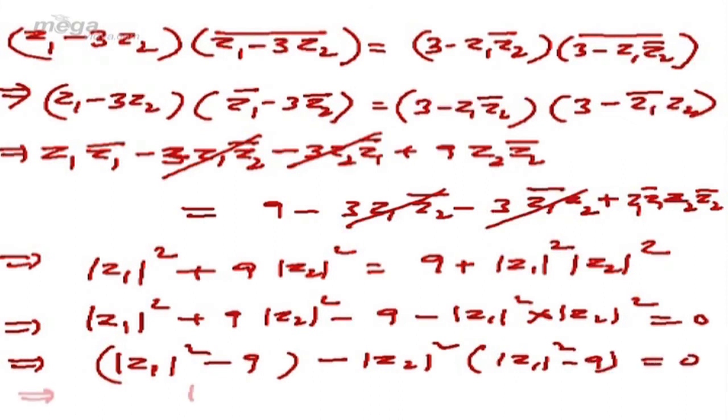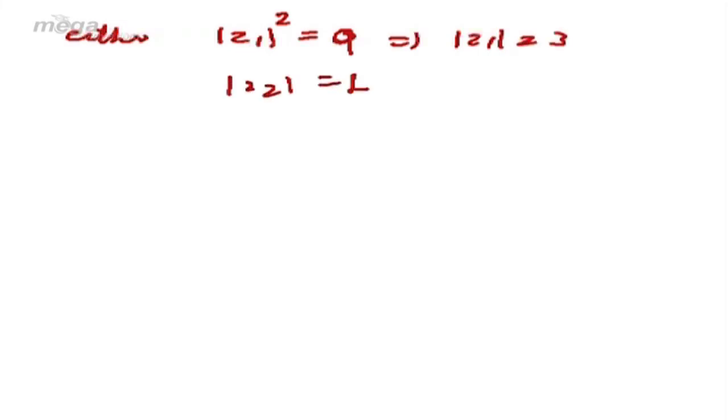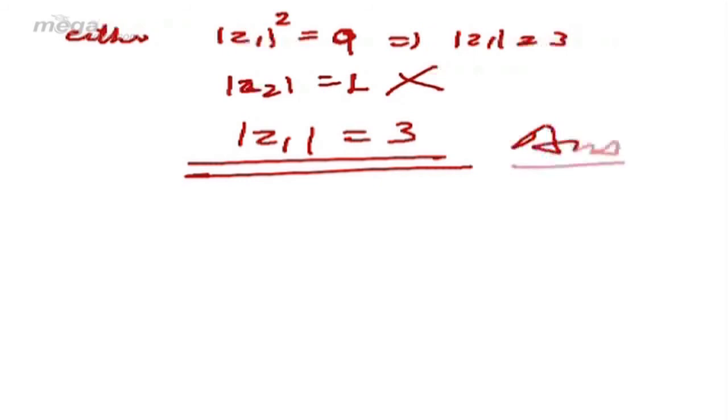This will become mod of Z1 square minus 9 into 1 minus mod of Z2 square is equal to 0. So either mod of Z1 square is equal to 9, this implies mod of Z1 is equal to 3, or mod of Z2 is equal to 1. Mod of Z2 is not equal to 1, this is not possible, so mod of Z1 is equal to 3 is the right answer. Let us come to the next example.